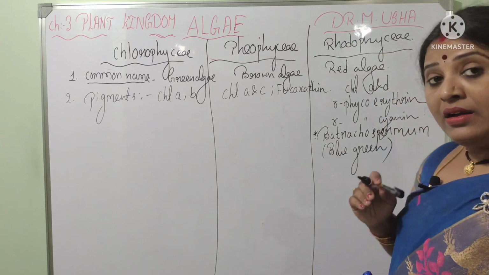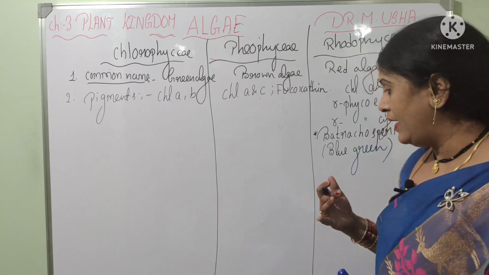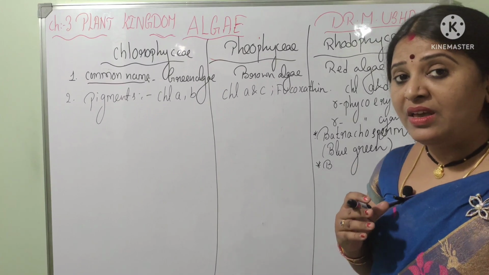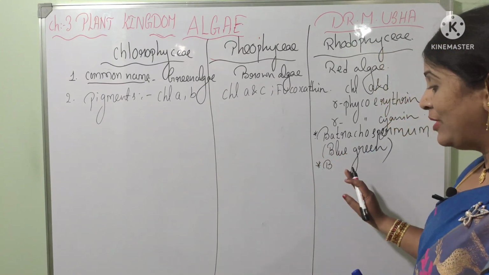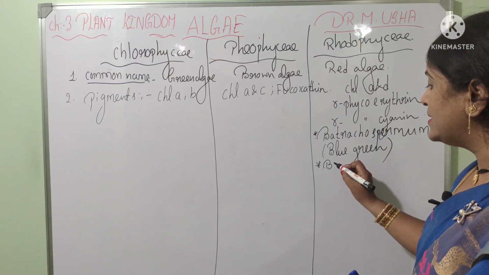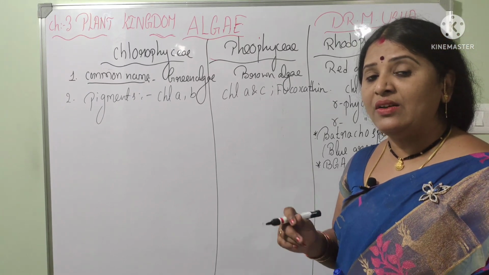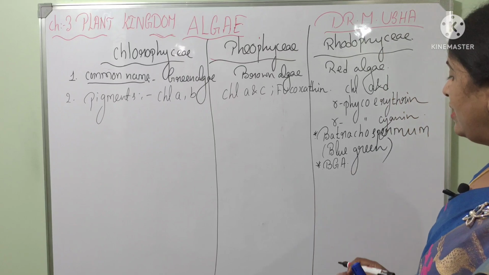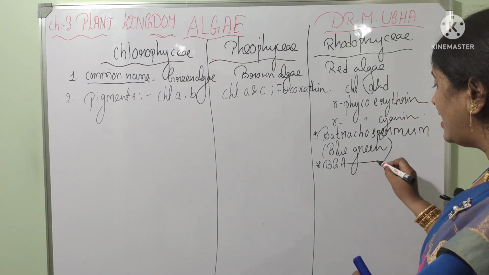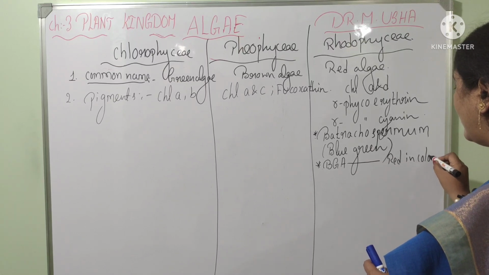Now some algae are also there, the blue-green algae. Why, ma'am, are you talking about the blue-green algae here? Soon after writing this point, children, I will immediately wipe it off, because I should not bring blue-green algae here, as it is a prokaryotic alga. But some relationship points are there where the blue-green alga is red in color.